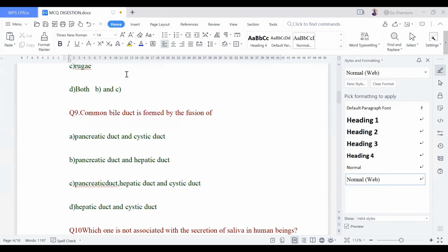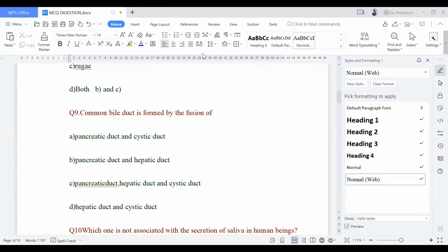Ananya answered as option D. What about others?